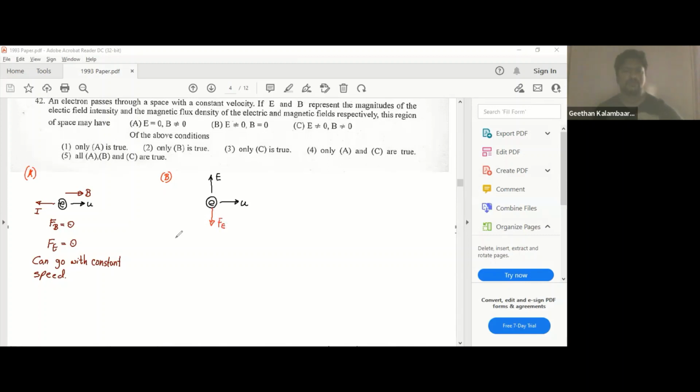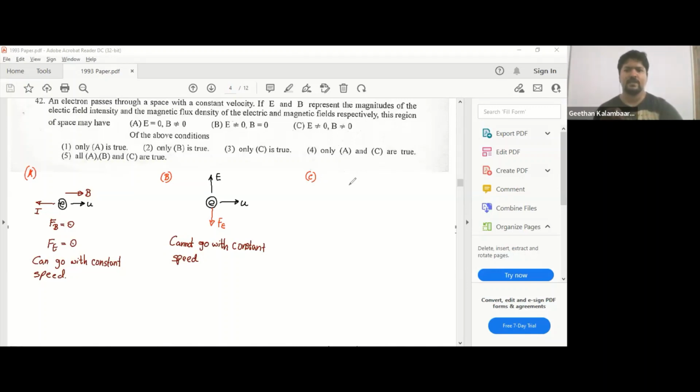So we have to say it cannot go with constant speed, because the speed always has to change: there is a force, so there is an acceleration towards a certain direction. And we can go to C.